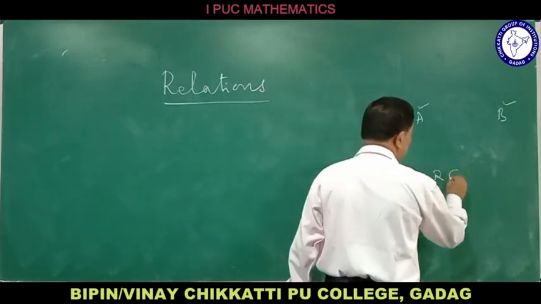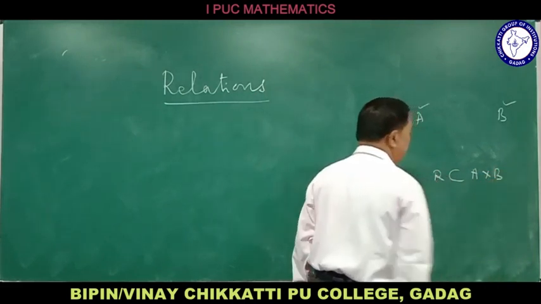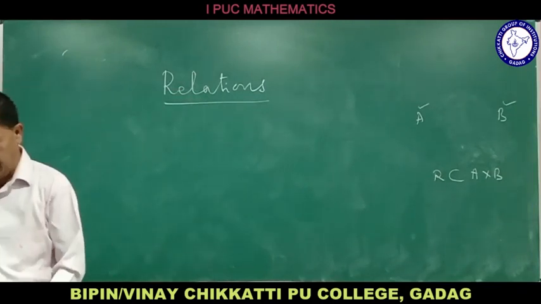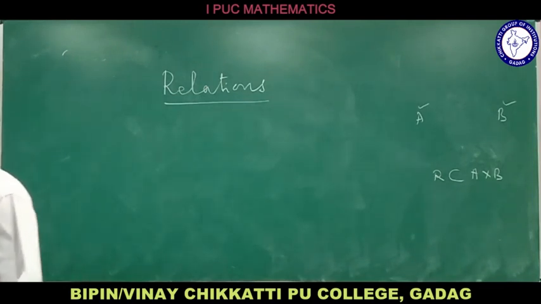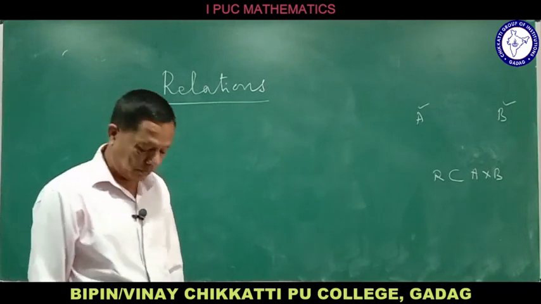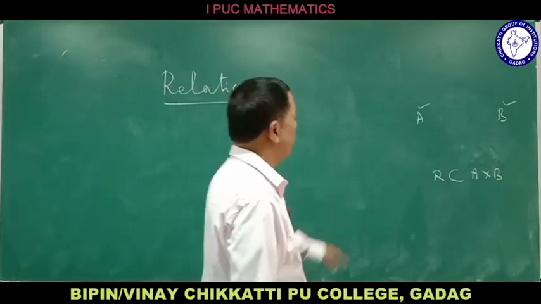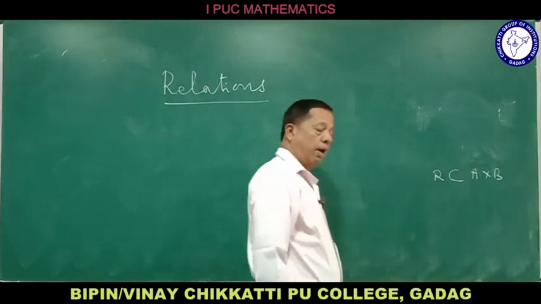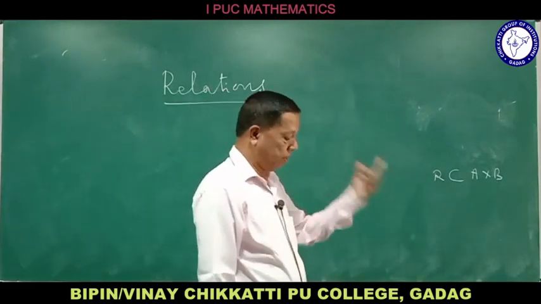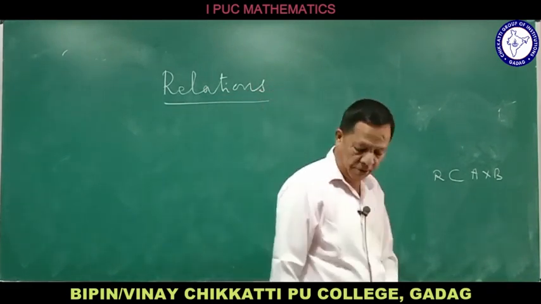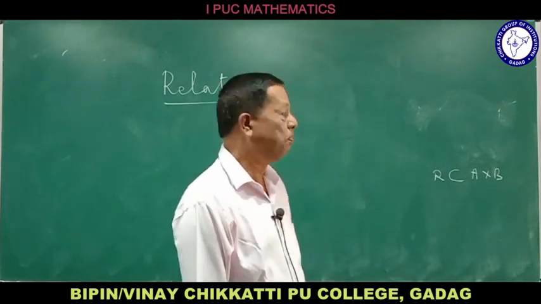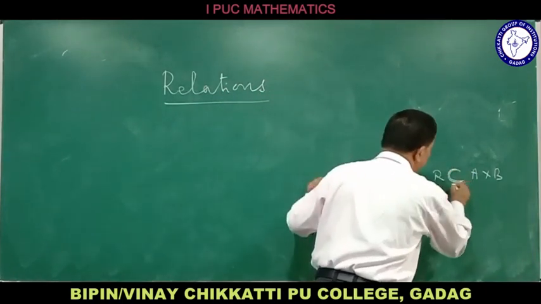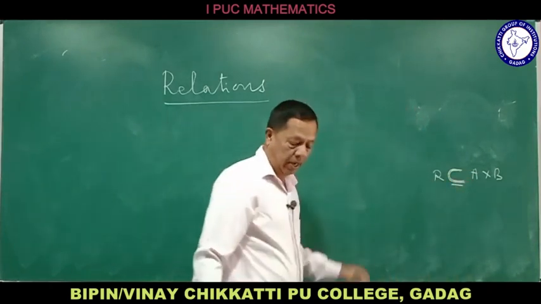See, R is a subset of the Cartesian product A cross B. Once again, a relation R from a non-empty set A to a non-empty set B is a subset of the Cartesian product of A and B. That means R is a subset of the Cartesian product.